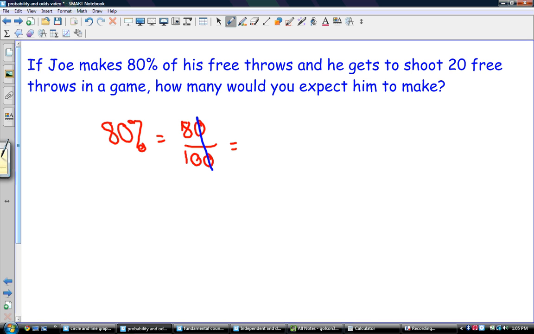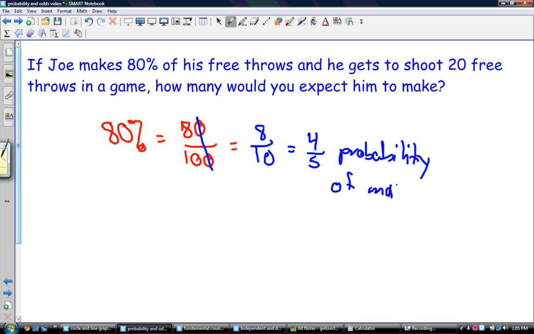So I have 8 over 10. And then that can reduce to 4 over 5. So this is my probability of making a free throw.